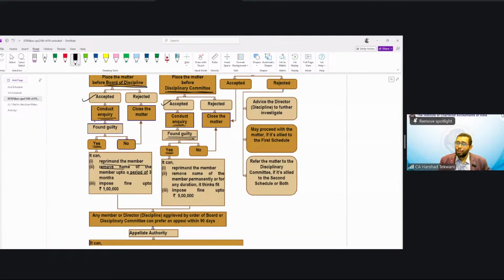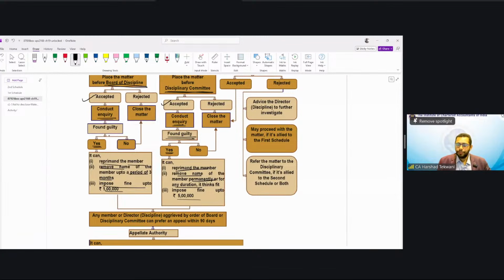In case of the second schedule or both, again: reprimand the member, remove the name permanently or for any duration deemed fit, and third, impose a fine of rupees up to 5 lakh. So your name can be removed permanently, or a fine up to 5 lakh can be imposed on that member if he is found guilty of the second schedule or both of the schedules. If he is not found guilty, then close the matter.